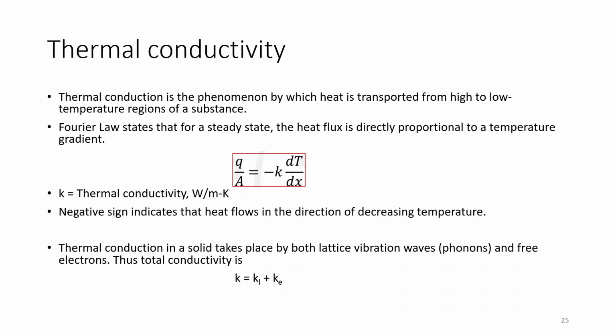The negative sign indicates that heat flows in the direction of decreasing temperature. Thermal conduction in a solid takes place by both lattice vibration waves known as phonons and free electrons. Thus total conductivity is k equals k_l, because of lattice vibrations, plus k_e, because of electrons.